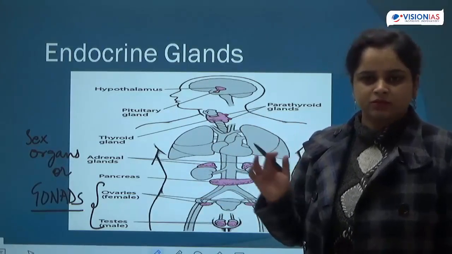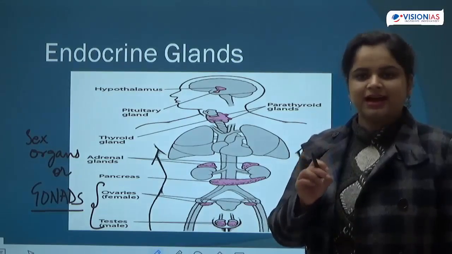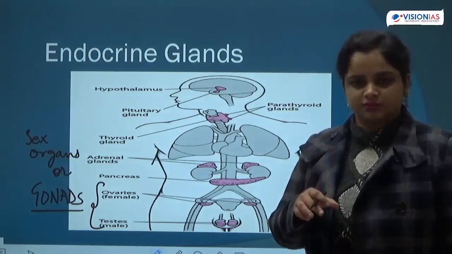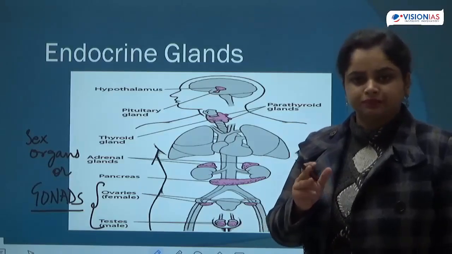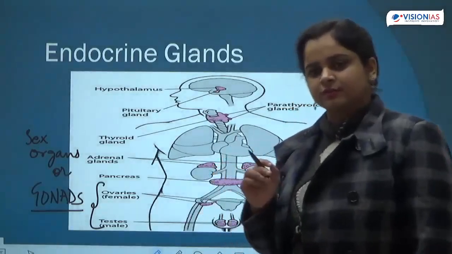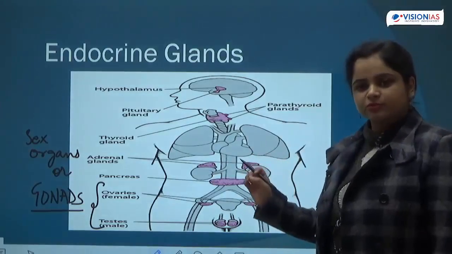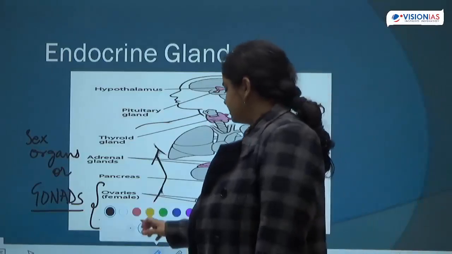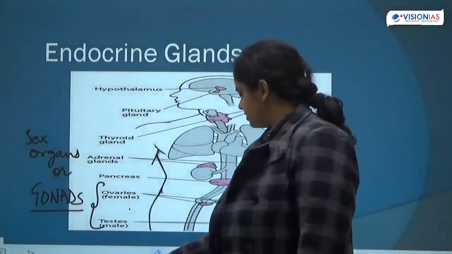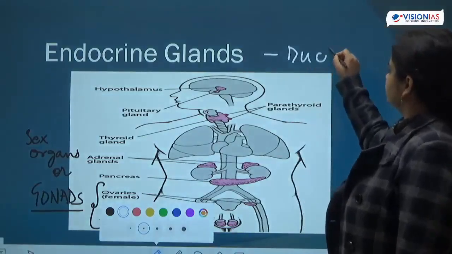Okay. So Diksha has said that ductless glands for hormone secretion. Okay, and Deepti has also said hormone secretion. Okay. So yes, we are talking about hormones being secreted, and their main property is that they are secreted without the duct.